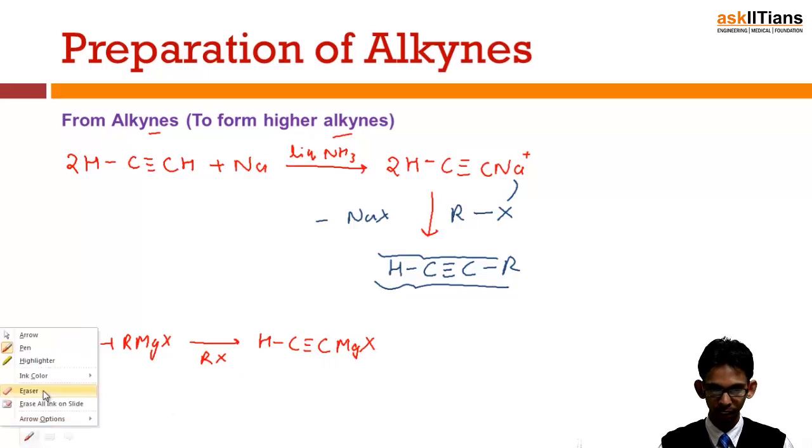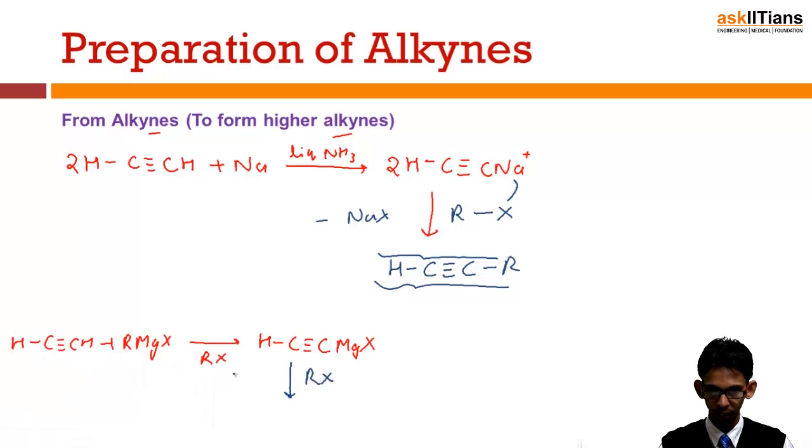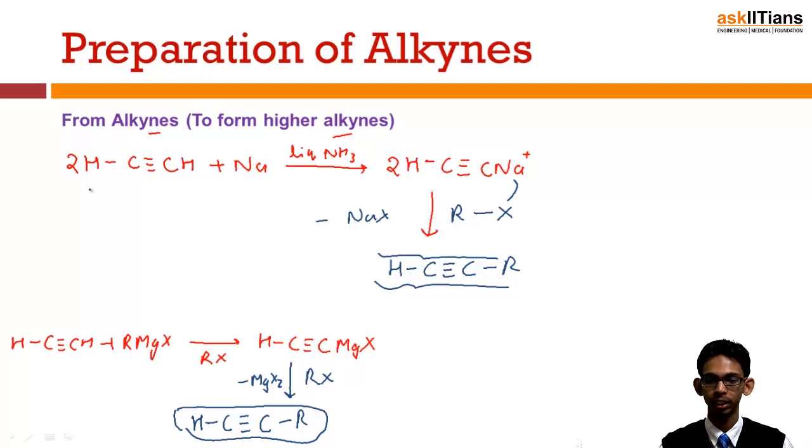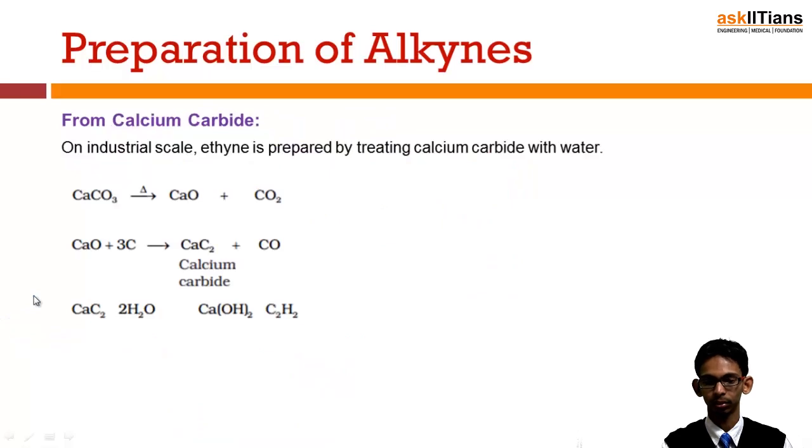Now when this compound is further reacted with another alkyl halide, we get HC triple bond CR, and MgX2 comes out. So there are two methods for formation of higher alkynes from lower alkynes. First is reacting with sodium, and second is reaction with Grignard reagent.